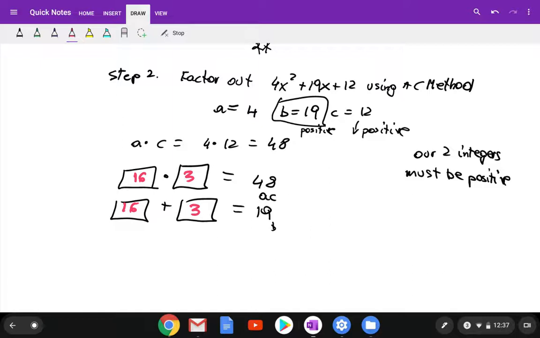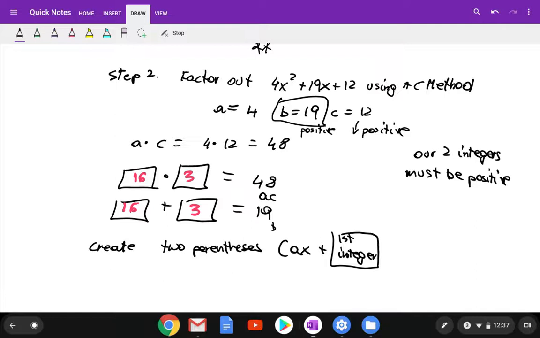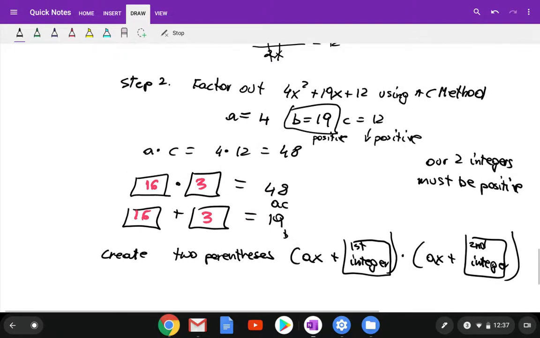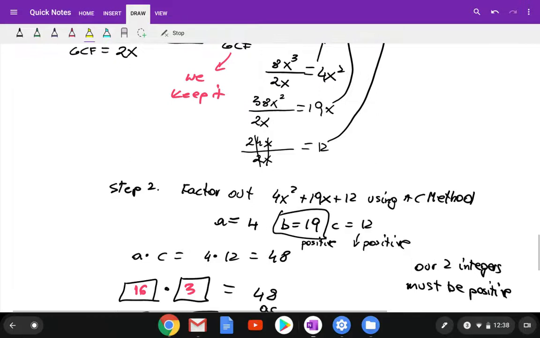So when you find them, next, create two parentheses, our factors. Again, ax plus first integer times ax plus second integer. Okay, so in our case, let's go back.